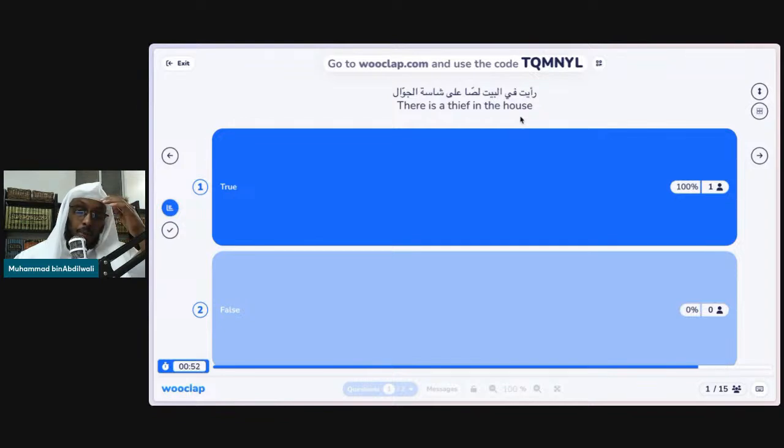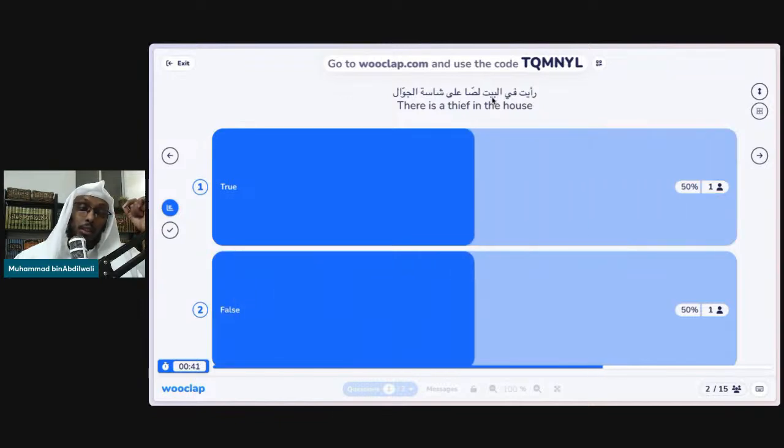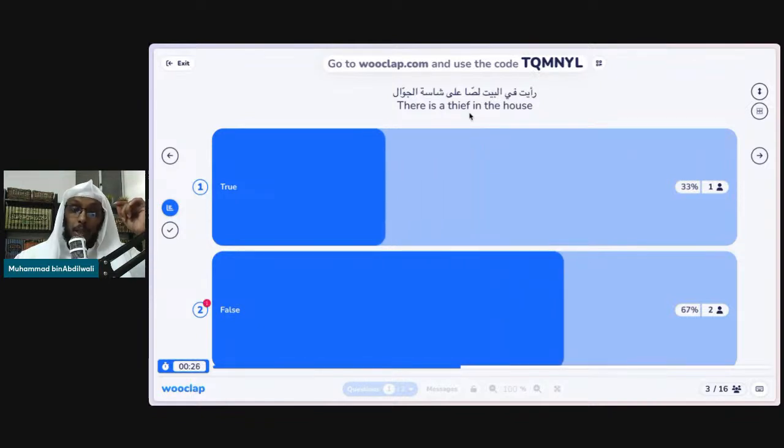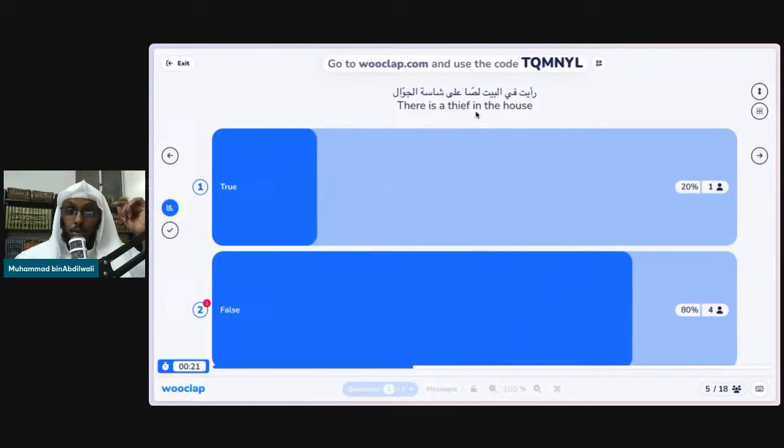This statement here: there is a thief in the house. Does that statement ring true according to this sentence? Yes or no? Feel free to add a comment as well. Is it true that there's a thief in the house? Then you choose true. If it's not true, you say false. And try to explain why.